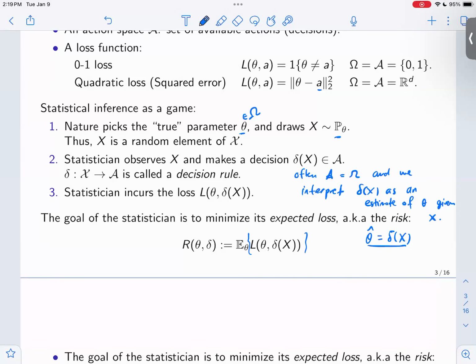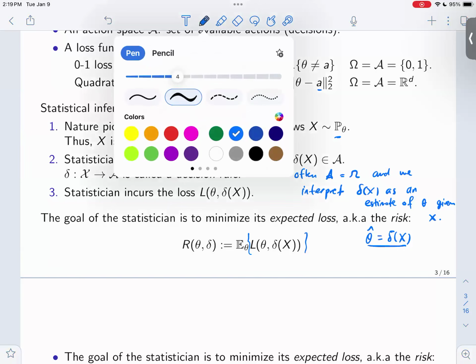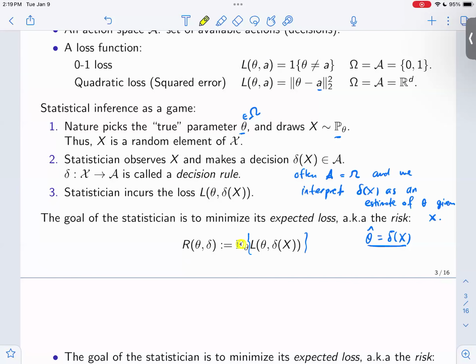So this part. Does anyone know what we mean by this, or why we put a theta there? This turns out to be quite critical. With respect to theta, so we can estimate it.